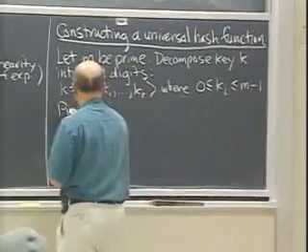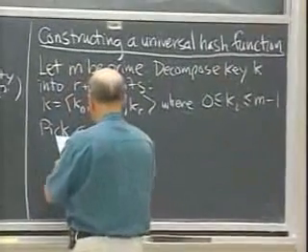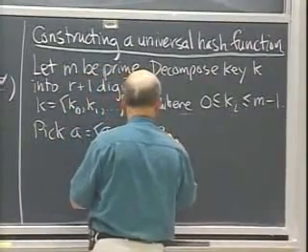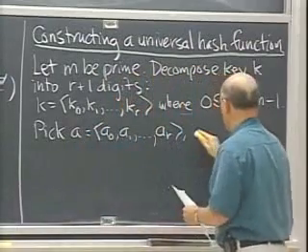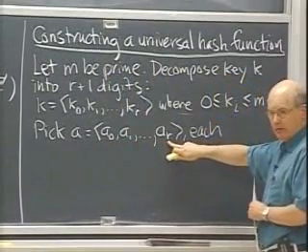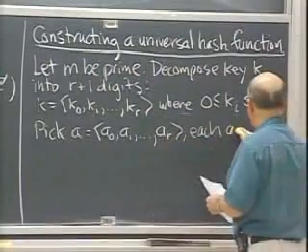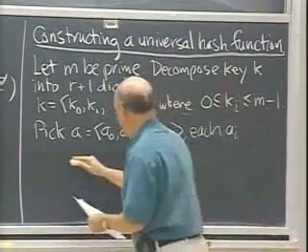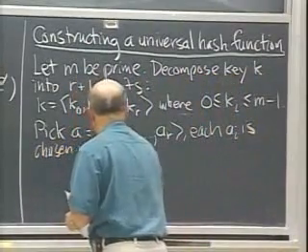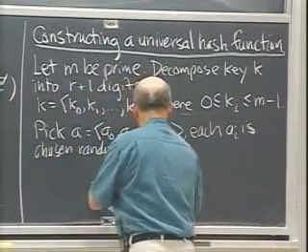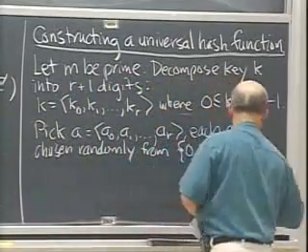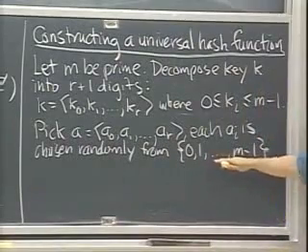The random numbers we're going to pick: we pick an A at random, which we're also going to look at as a base m number, where each a_i is chosen randomly from zero to m minus 1.